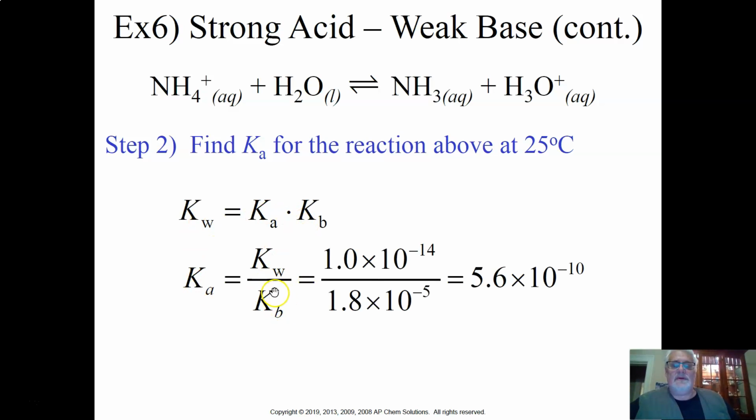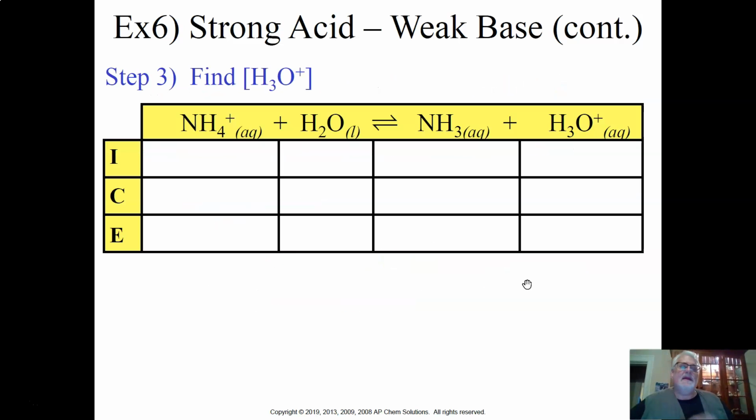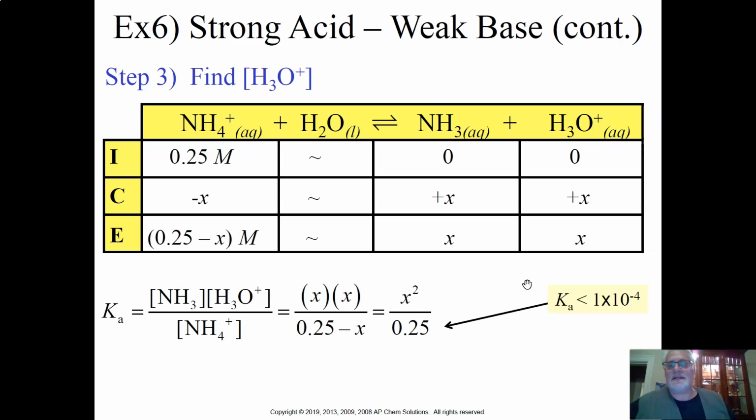You got to turn this into a Ka by taking Kw divided by Kb. And I'm going a little faster this time simply because we did this same thing before. Now, once you know the Ka, then you can go to your good friend, the ICE box, and say my initial concentration was 0.25 minus x, plus x, plus x, and you solve that.